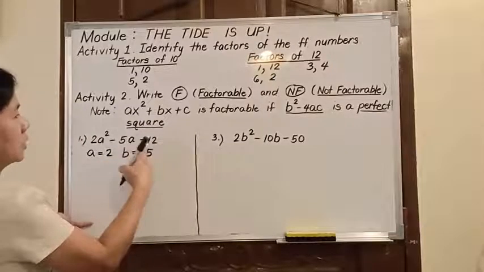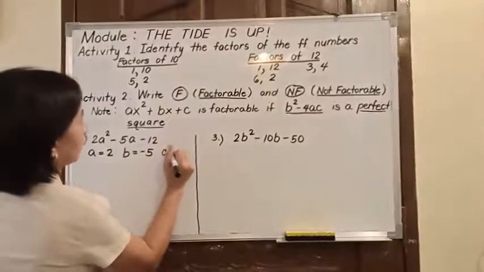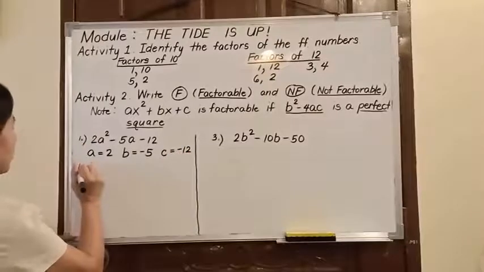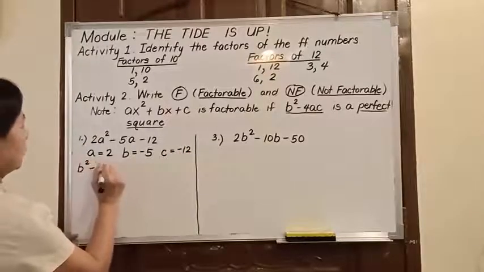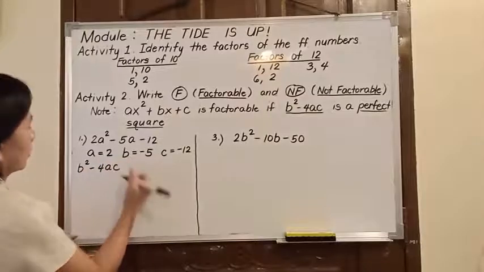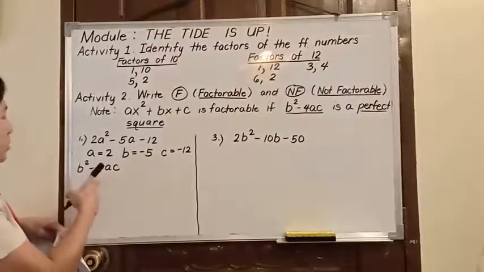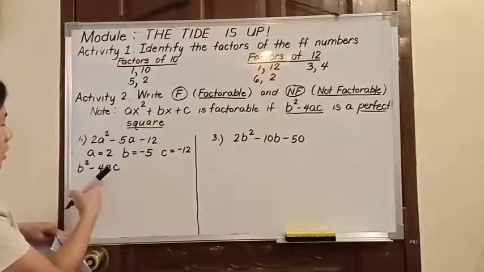And the last term is c, and that is negative 12. And using the discriminant b squared minus 4ac, we will substitute all the values in this discriminant.